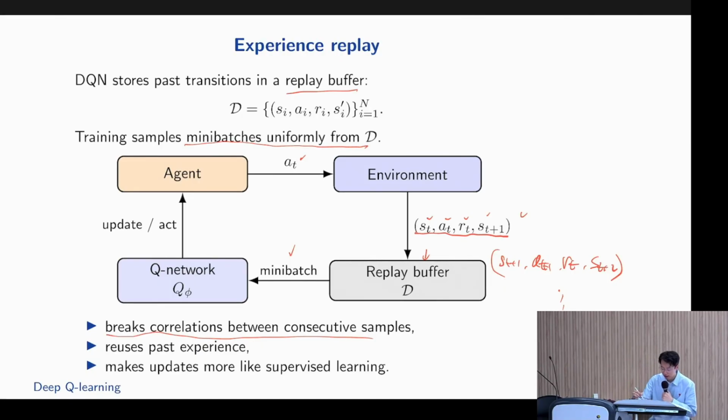If you update based on these temporal segments, then these samples are going to be highly correlated. It turns out breaking this correlation really helps the stability of the algorithm. Plus, you can reuse past experience because this is sampling without replacement.